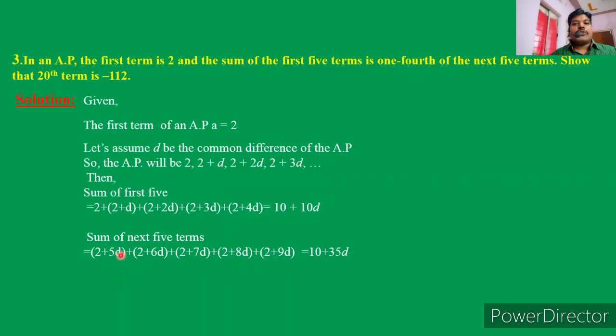The A value is 2: 2 plus 5D, 2 plus 6D, 2 plus 7D, 2 plus 8D, 2 plus 9D. Five 2s make 10, and adding all the D values gives 35D. So the sum of the first 5 terms is 10 plus 10D, and the sum of the next 5 terms is 10 plus 35D.